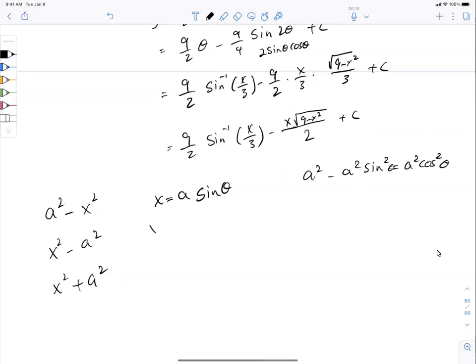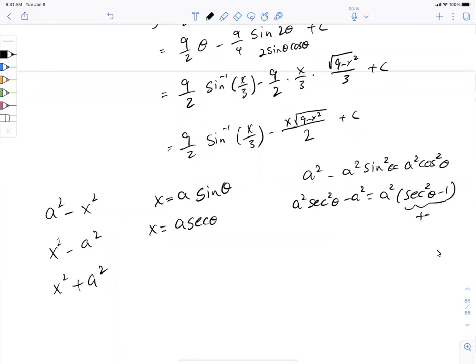For this one, I'm going to let x be a secant theta, because then I get a squared secant squared minus a squared, which gives a squared tan squared. Again, an opportunity for it to come out.